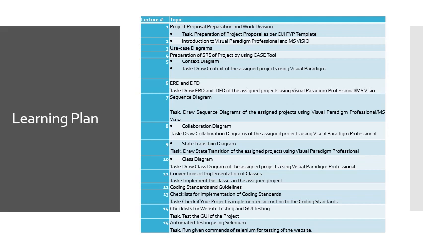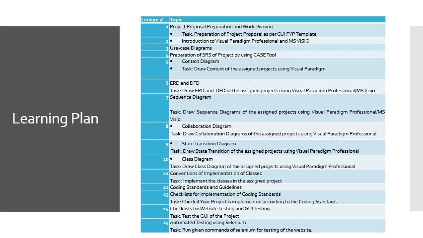You will know how to draw UML diagrams such as ERD, DFD, sequence diagram, collaboration diagrams, state transition diagram, class diagrams, and what the conventions of implementing class diagrams are, and what coding standards you should follow in implementation, and what must be the user interface of any project. All these things you will learn.